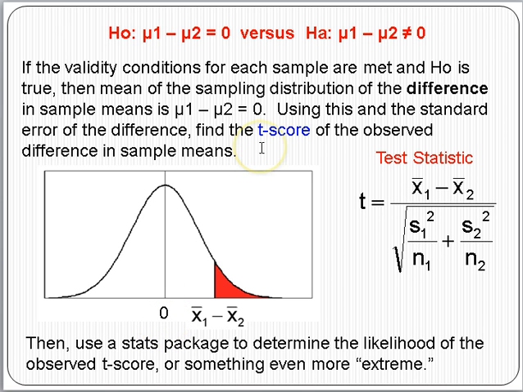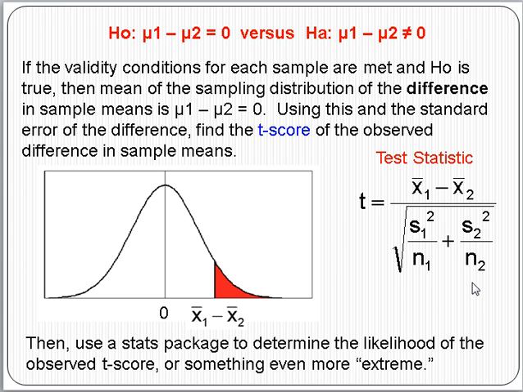Then we're going to collect x1 bar and x2 bar and find the difference, and it'll be somewhere. It might be close to 0, it might not be. From that we're going to use the test statistic. Now again, we don't compute it by hand, but this is what StatCrunch will do. It calculates the test statistic, which is the statistic itself minus the mean, so minus 0, divided by the standard error.